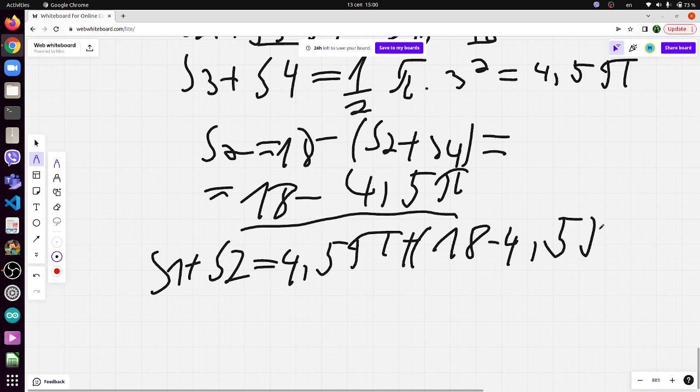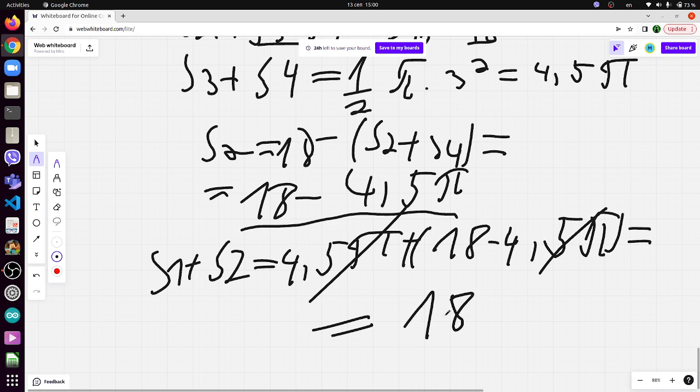We can remove the 4.5 pi because they are the same, and we get 18, so that's our final answer.